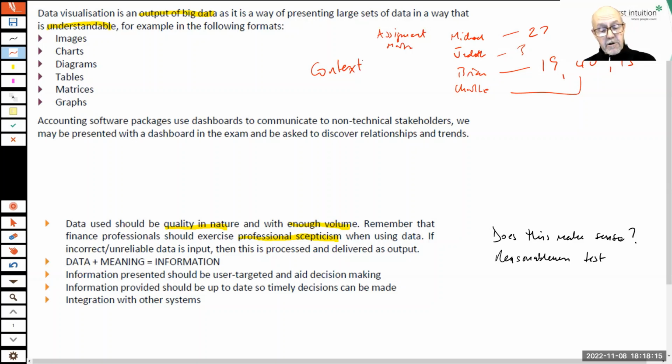The other thing to consider, integration with other systems. Often information can be easily generated as a byproduct. So by the simple matter of recording our customer transactions, sales made, payments received, we can generate information for the bank about how much money is owing to us. We can generate information for the taxman of what our revenues and our expenses are.